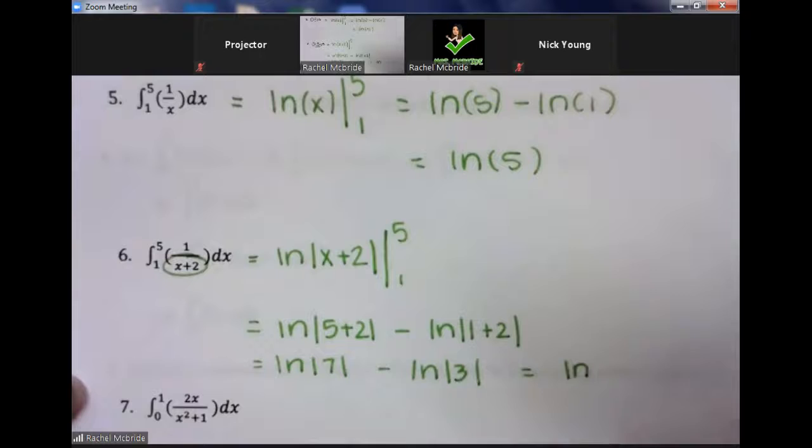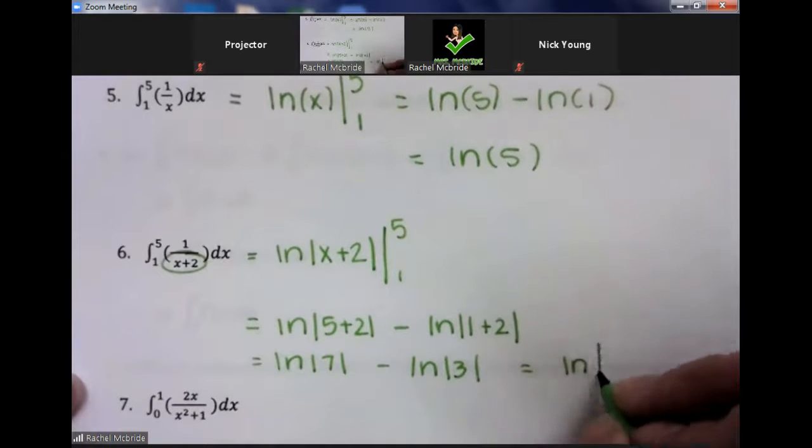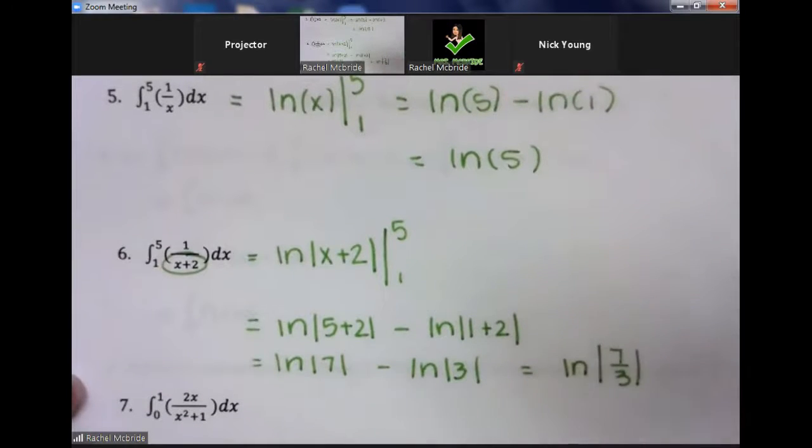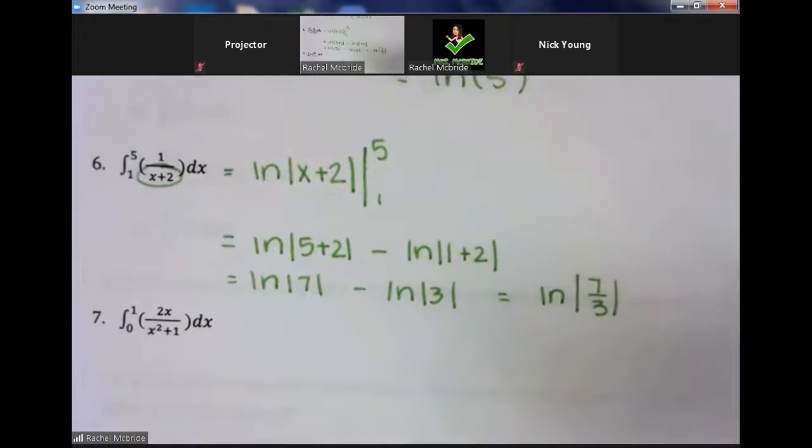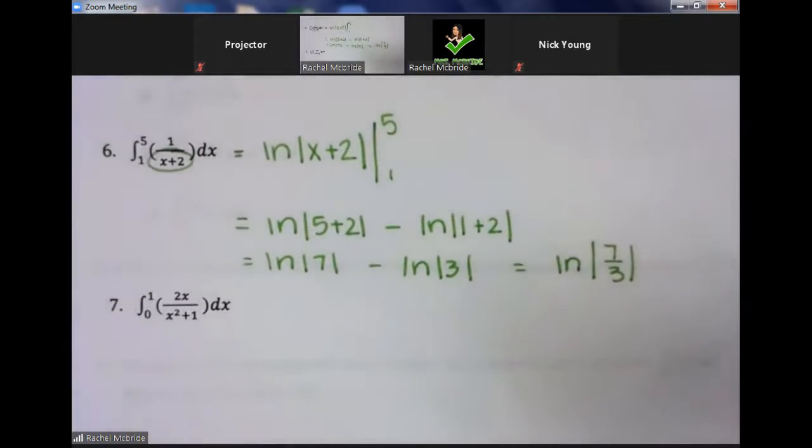And you can leave it like that, or you can also write it as a singular fraction, because if you recall our natural log rules, the natural log of 7 minus the natural log of 3 is the same as the natural log of 7 divided by 3, because the subtraction of 2 natural logs is equal to their division.